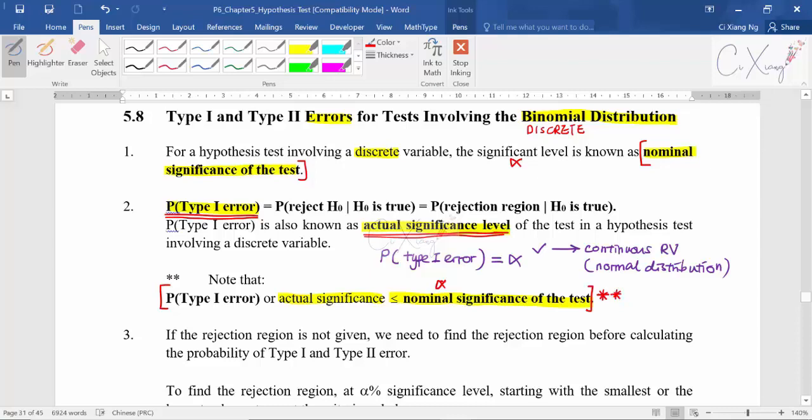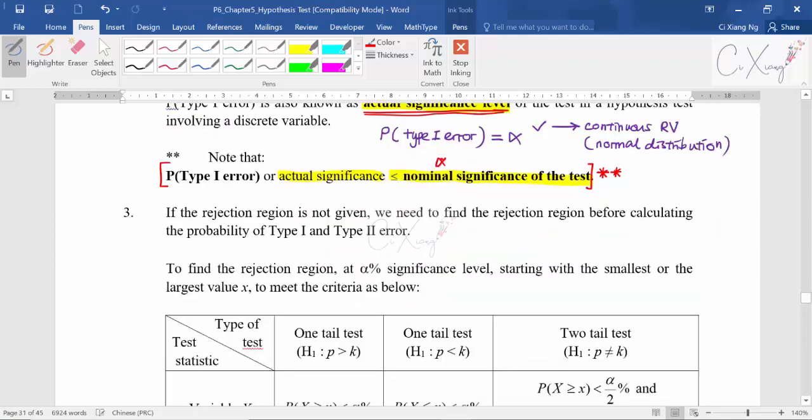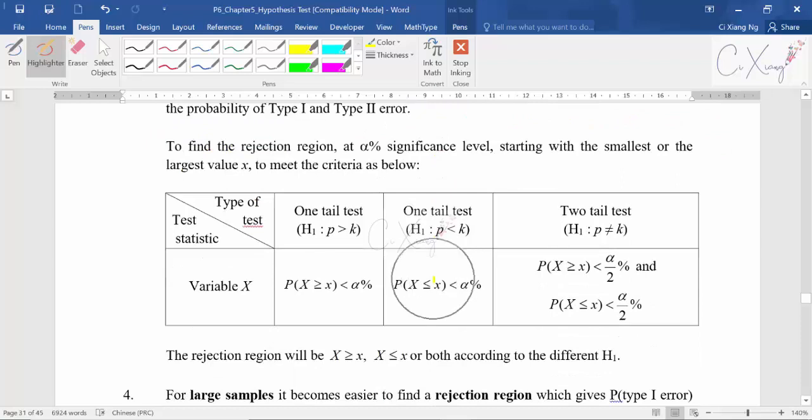If we proceed further, same as normal distribution, if the rejection region is not given in the question, then you need to find out the rejection region before you can calculate the type 1 and type 2 error. To find the rejection region according to alpha, these are the steps. This is a summary, but it will not show you how you actually get the rejection region.